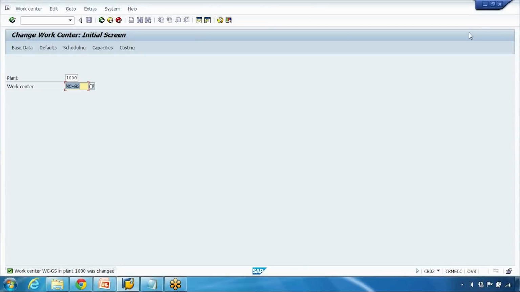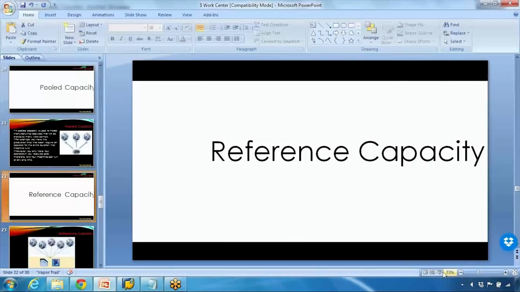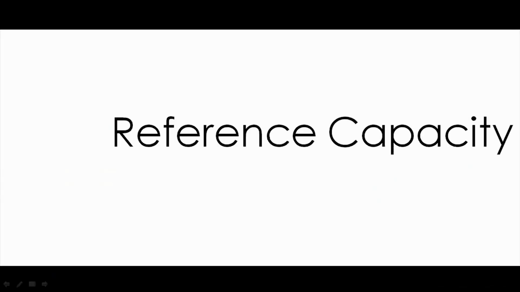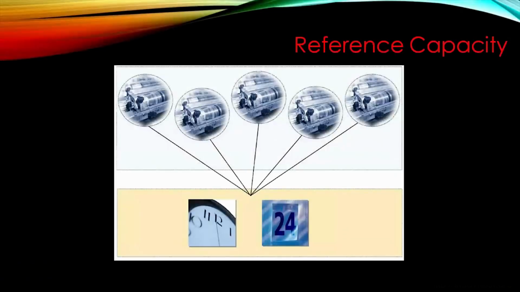And next we're going to see reference capacity. As the name says, reference capacity means suppose in my company we're using a lot of different work centers, and they all use the same working hours. And every month or every week or every new season, we keep changing the working hours.